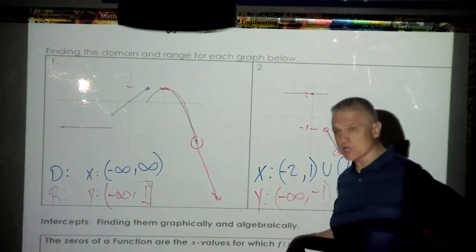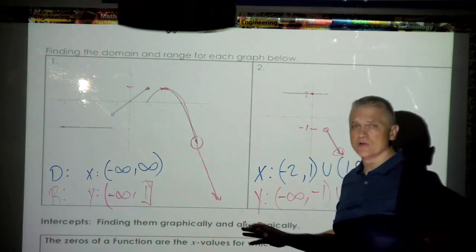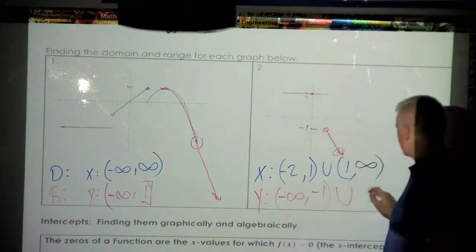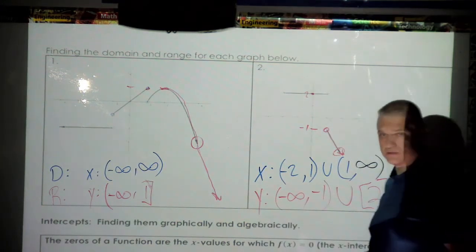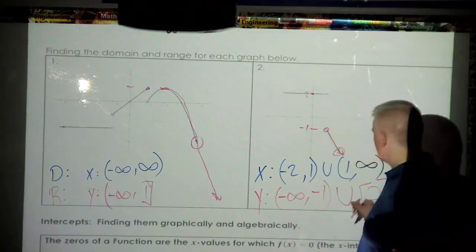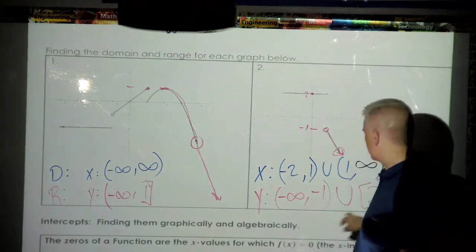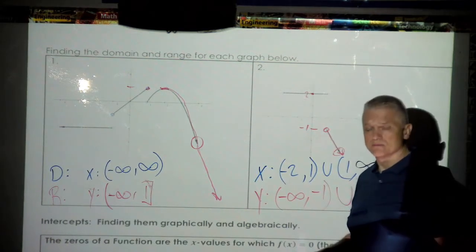Now, do they include 2? If they didn't include 2, we would have parentheses. But it does include 2, so we have brackets. So 2 intervals. This interval is a single point, for your range, your y values. Okay, let's move on.